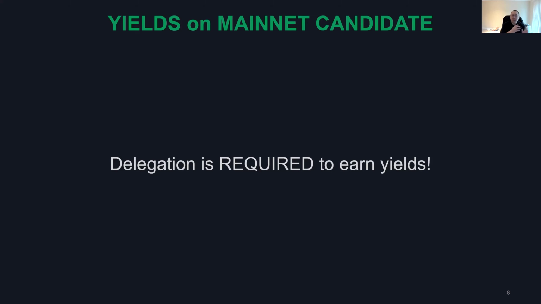The reason we stake is because in a DPoS system, you need stake in order to create eligibility for nodes to participate in consensus. And that is the primary way a DPoS system guards against Sybil attacks, right? So you have to delegate your stake in order to earn yields, okay?